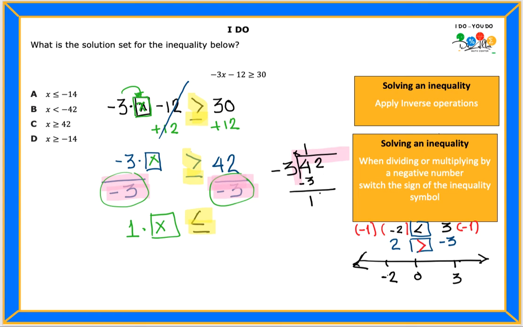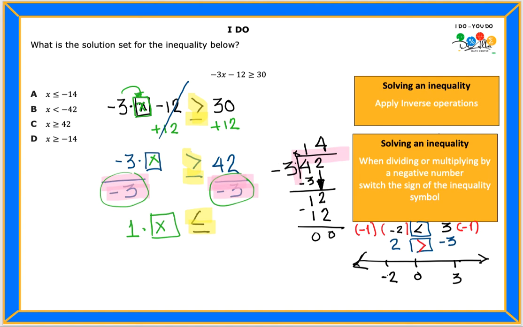And then we bring down the 2. Now 3 times what is going to be a 12? It's going to be a 4. 3 times 4 is 12. Remainder 0.